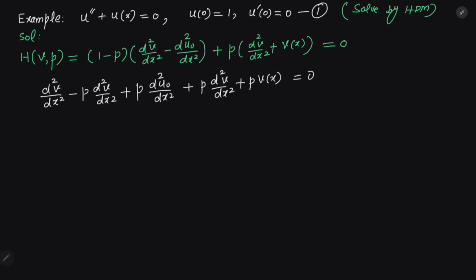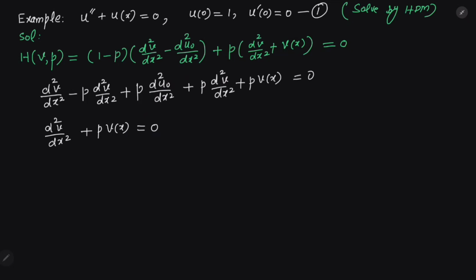Here you can see that these two terms will be cancelled out, and the second derivative of the initial guess is also 0. So we get d square v by dx square plus p v of x is equal to 0. This is the problem that we need to solve.